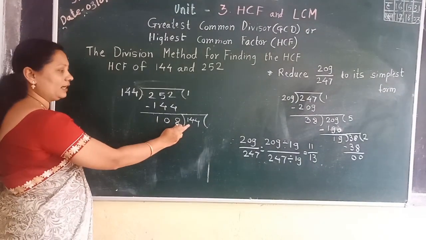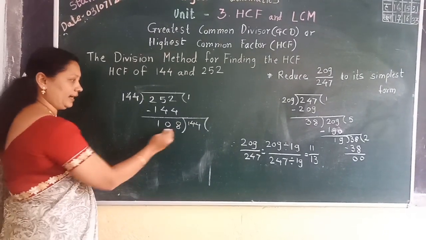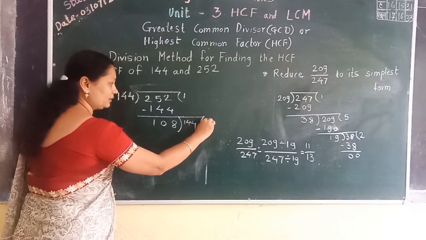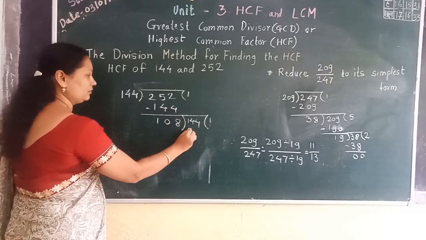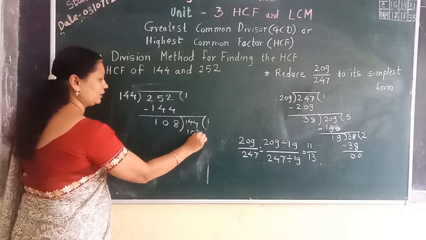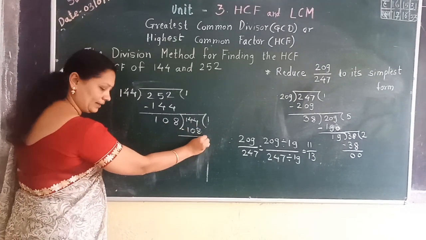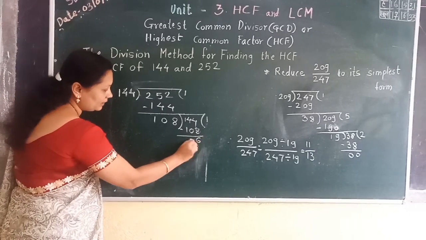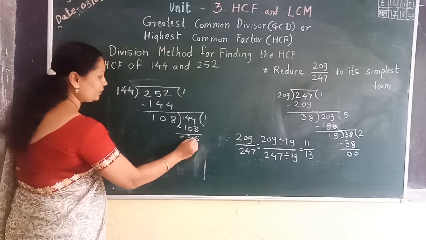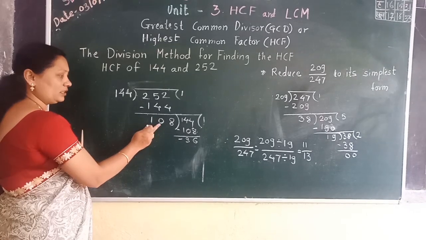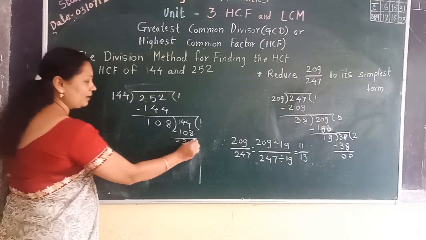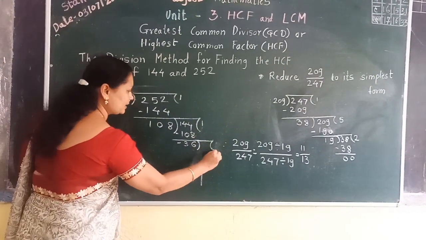Now divide 144 by 108. The quotient is 1, 108, and now the remainder is 36. Now divide 108 by this remainder 36.